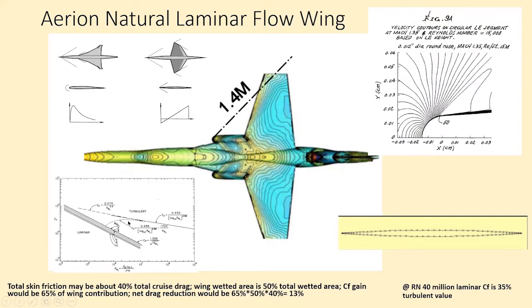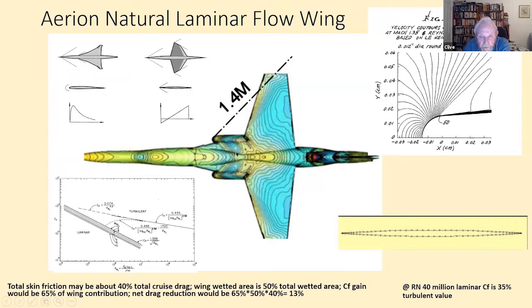Yes, in theory, you get a 65% reduction in the skin friction coefficient. But hang on a minute. The total skin friction, when we looked at the curve much earlier, might be in this case about 40% of the total cruise drag. The wing wetted area is only 50% of the total wetted area.